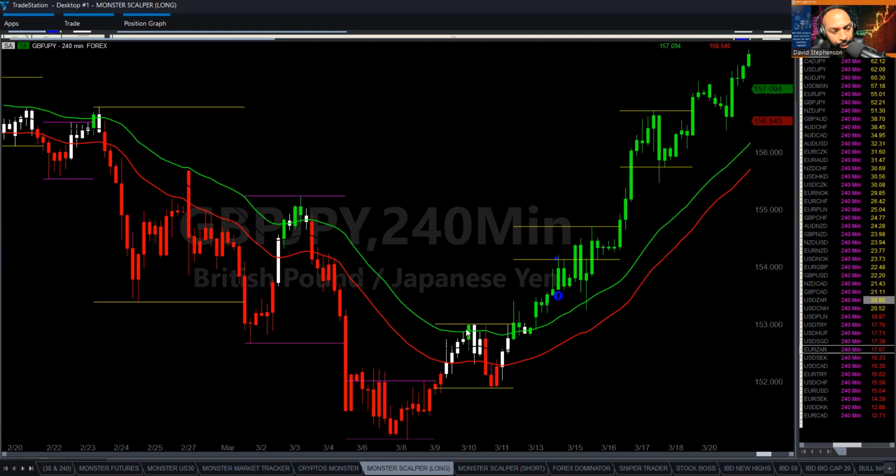Buyers are looking to push the price higher above resistance. The sellers are looking to push the price back down to support. That's why we always want to buy on the break of resistance and sell on the break of support. Okay. We never got a close. It closed right here.